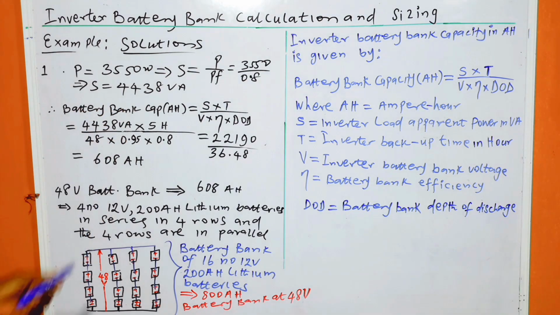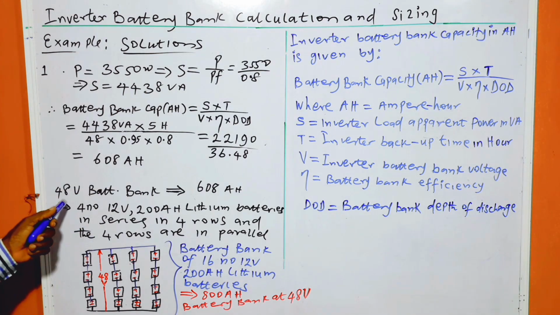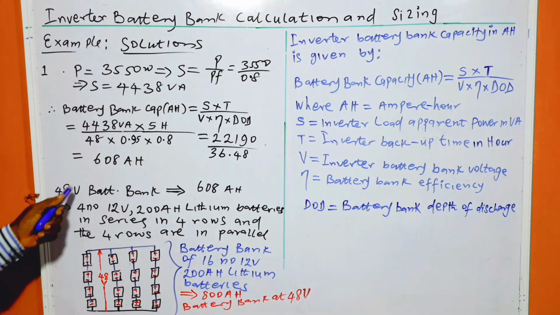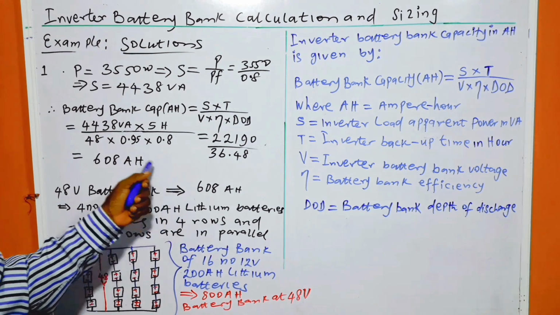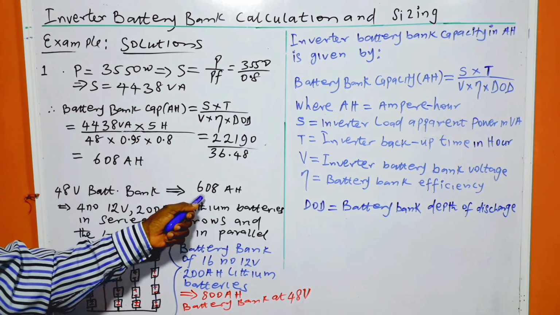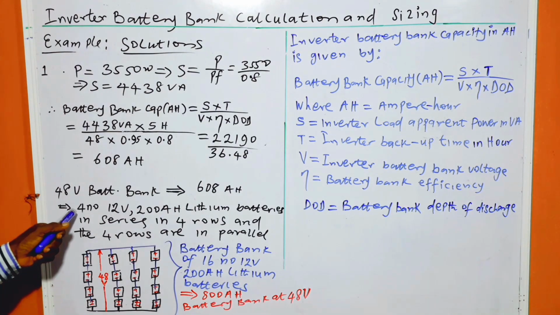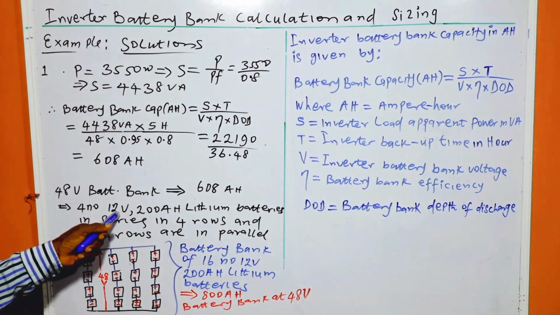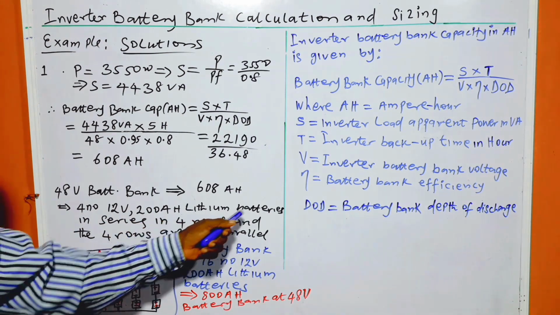This is the battery bank capacity in ampere hour. So we now have a 48 volt battery bank of 608 ampere hour.